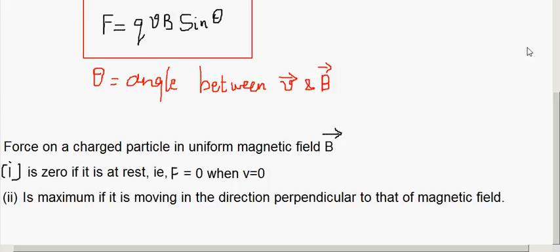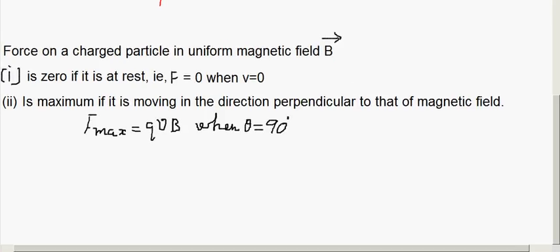That is, F max is qvB when theta is 90 degree, that is when the angle between v and B is 90 degree. That means the particle is moving in a direction perpendicular to the magnetic field.